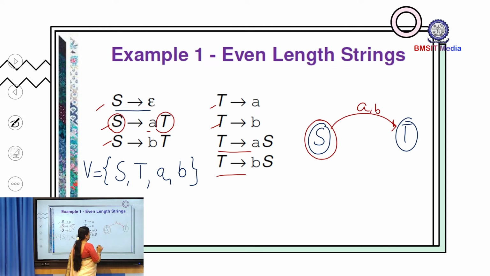T tends to AS involves two different states because two non-terminals exist here, T and S, and the same holds for the next rule. Whenever T tends to A and T tends to B, the string is accepted by the language. So this is the equivalent finite state machine.